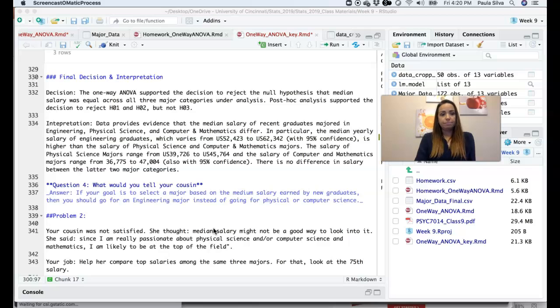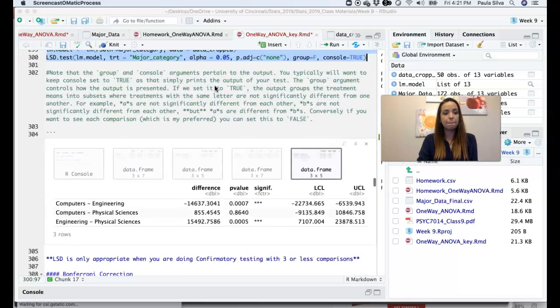Our decision. The one-way ANOVA supported the decision to reject the null hypothesis that the median salary was equal across the 3 major categories under analysis. Post hoc analysis supported the decision to reject H null 1, H null 2, but not H null 3. Let's see.